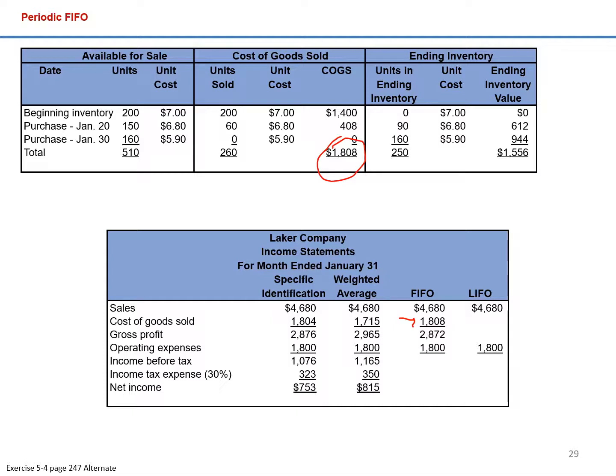Less expenses of $1,800, income before tax of $1,072, times 30% tax rate gets you income tax expense of $322, $1,072 minus income tax expense, net income of $750.